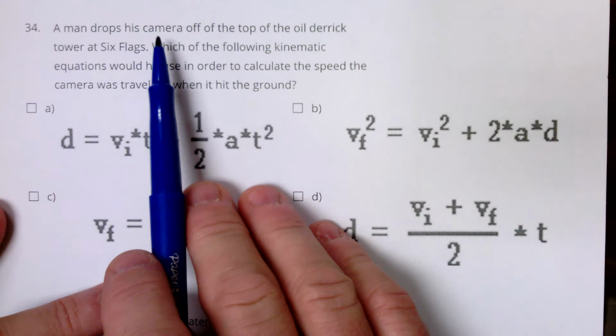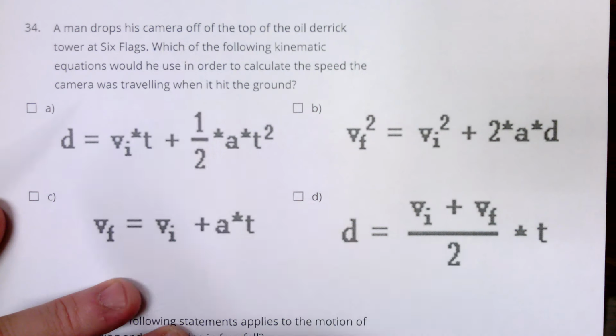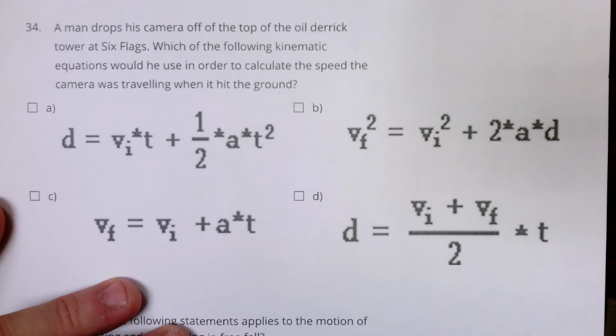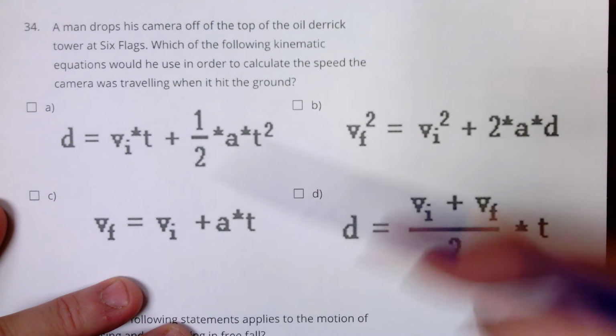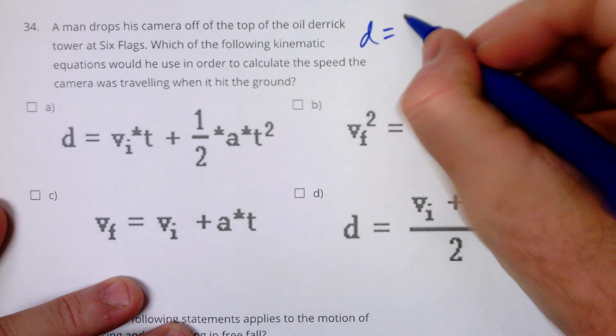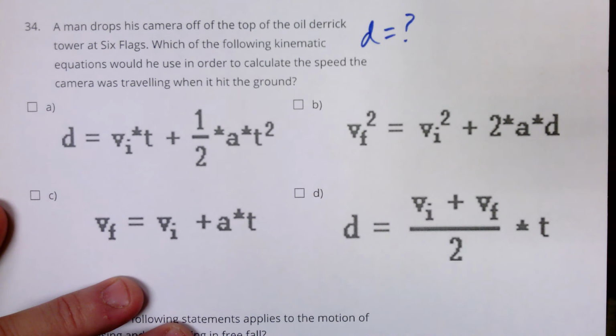Man drops his camera off the top of the oil derrick tower at Six Flags. Which of the following kinematic equations would he use in order to calculate the speed the camera was traveling when it hit the ground? All right, well, we don't know how tall the oil derrick is.